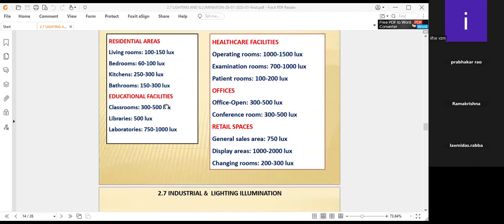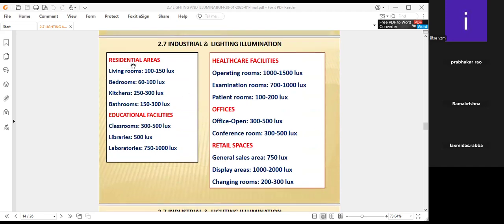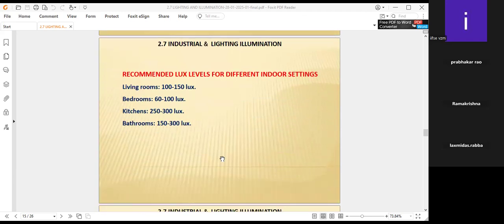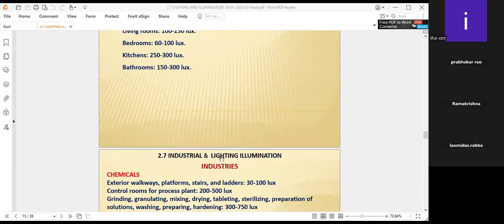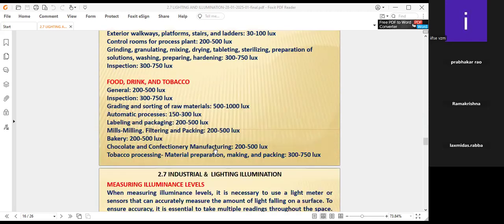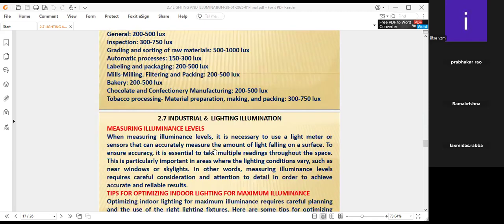For example, these are the industrial lightings, residential areas, education levels. They are giving these, but they are not referring to the Factories Act or Factories Rules. Because in the Factories Act or Factories Rules it is never mentioned anywhere; they say adequate light is to be provided. That's the word mentioned in the standards.